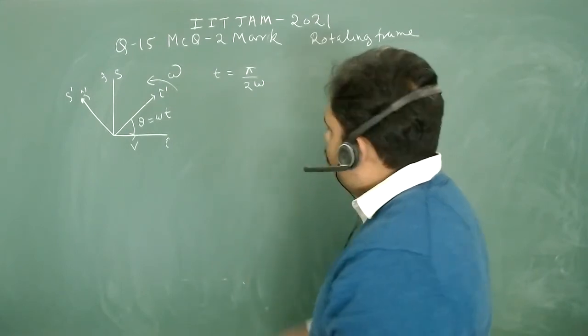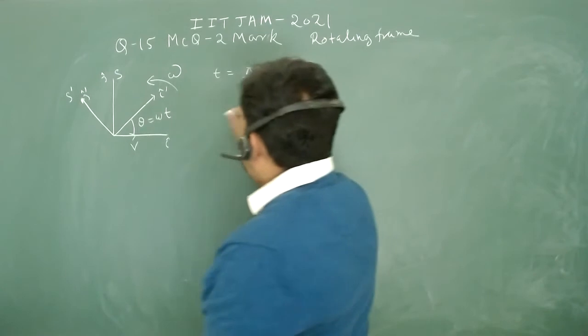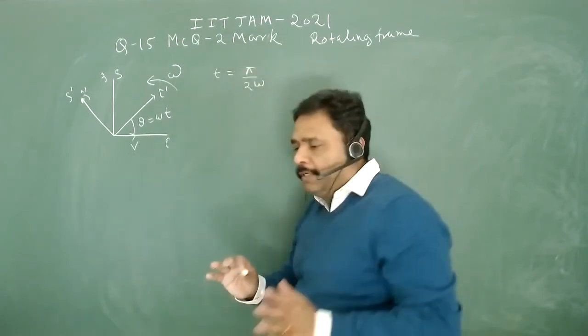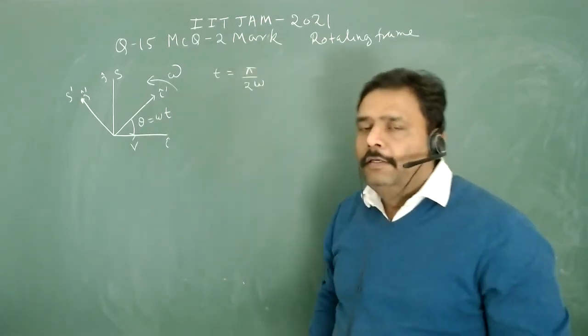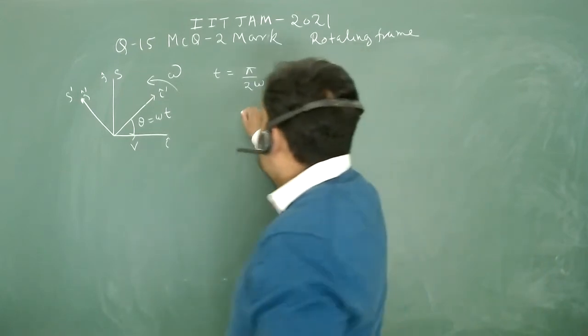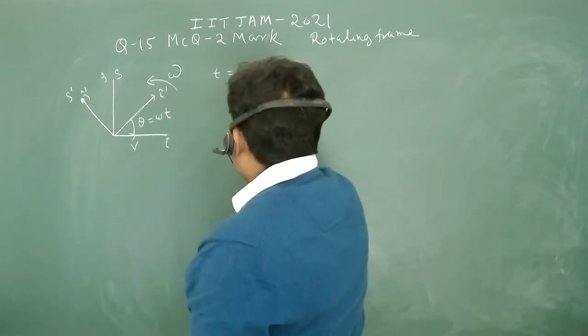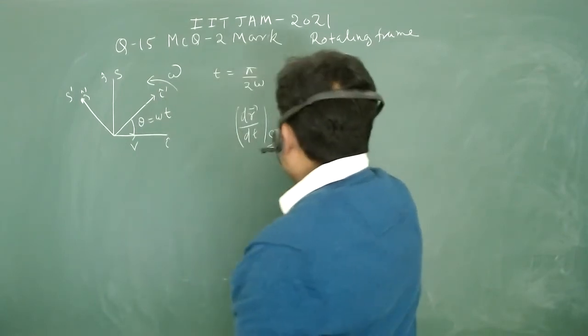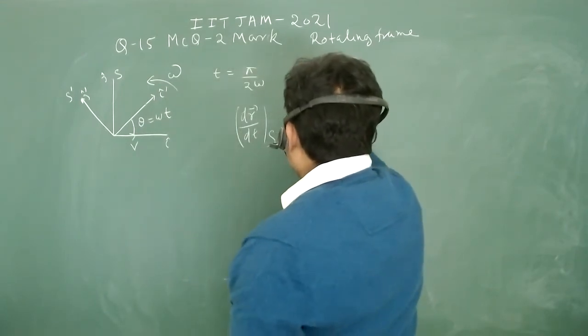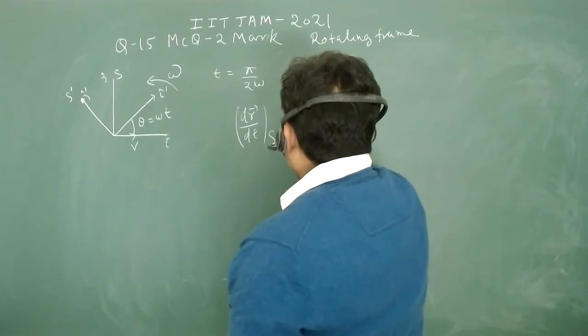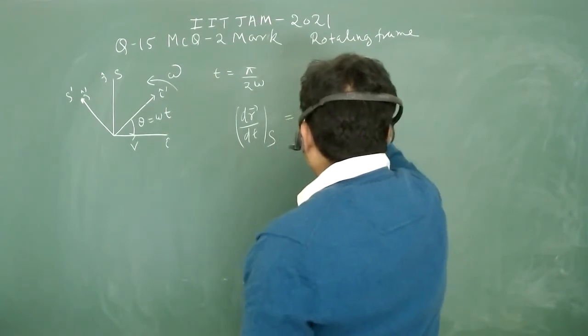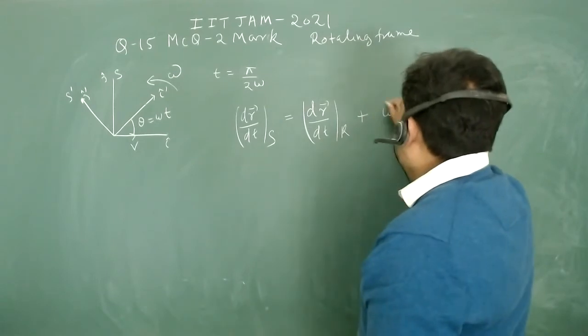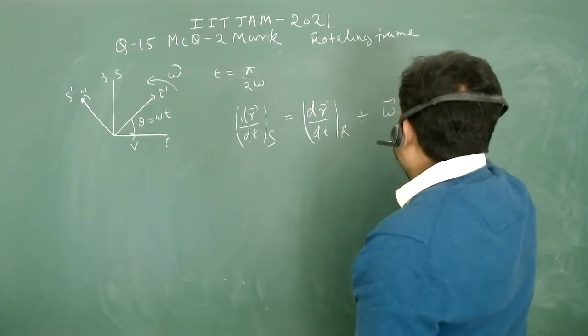Yes, we can just go for the relationship between the space frame and the rotating frame. So we have this relationship: dr/dt in the space frame is equal to dr/dt in the rotating frame plus omega cross r.